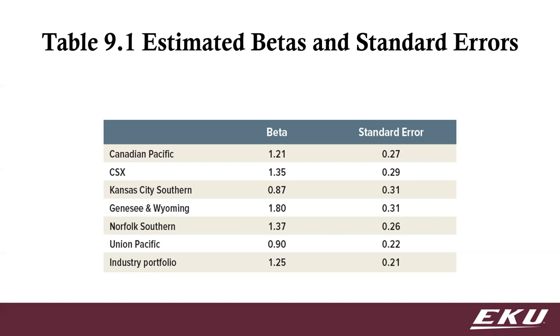The other one is BNSF, Burlington Northern Santa Fe, but that one's owned by Warren Buffett's company, Berkshire Hathaway. But this is comparing railroads. Genesee & Wyoming is going to be like a tier 2, that smaller railroad. But you see their betas, and then you can see an industry portfolio and what that would look like.